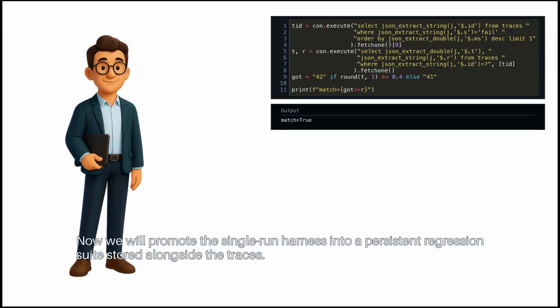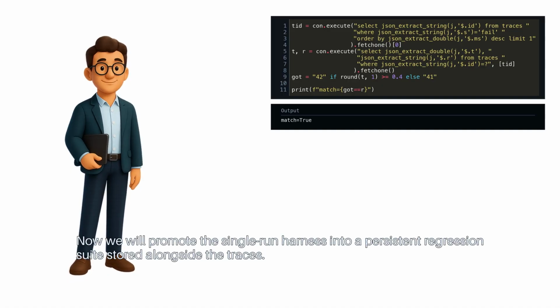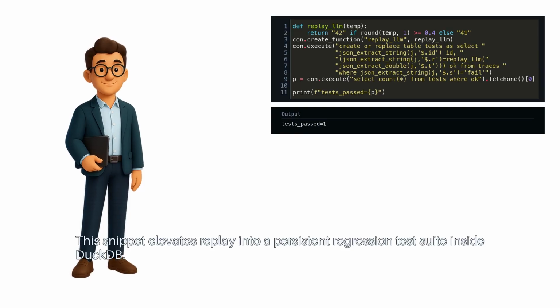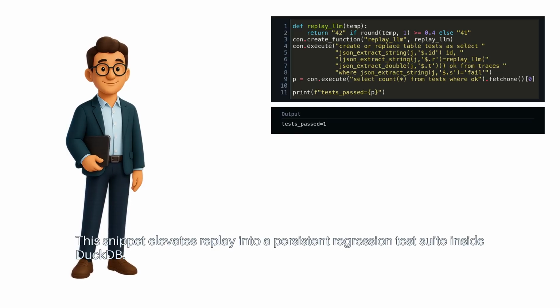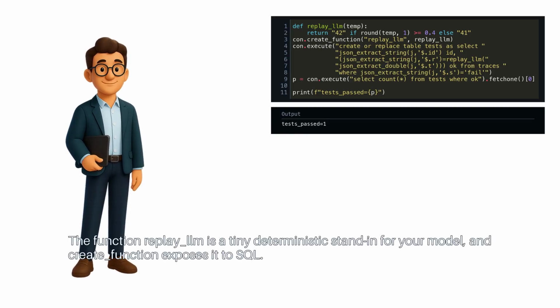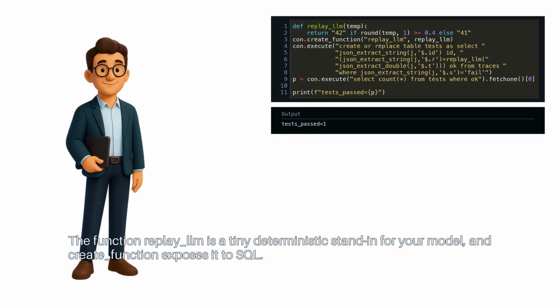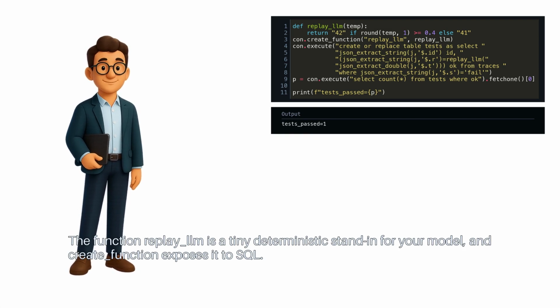Now we will promote the single run harness into a persistent regression suite, stored alongside the traces. This snippet elevates replay into a persistent regression test suite inside DuckDB. The function replay LLM is a tiny deterministic stand-in for your model, and create function exposes it to SQL.